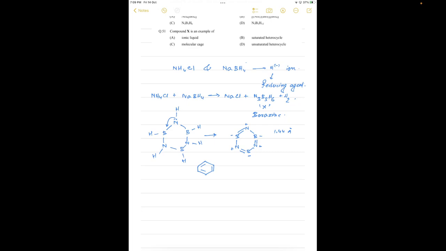So benzene has a 6-membered ring, and borazine also has a 6-membered ring. So due to the similarity in structure, borazine is also called inorganic benzene.